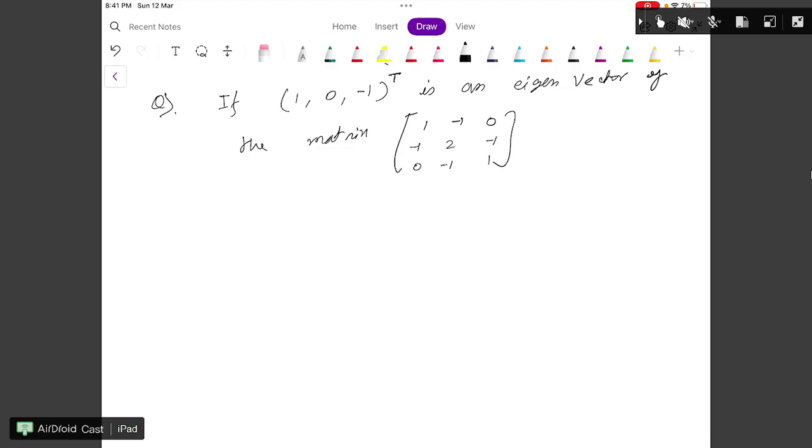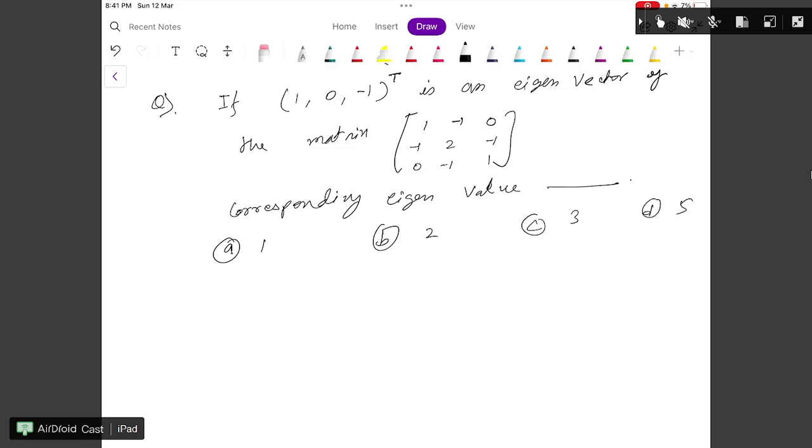In the problem it is asking for the corresponding eigenvalue. Option A is 1, option B is 2, option C is 3, and option D is 5. Now in the problem the eigenvector is given and it is asking for the eigenvalue.